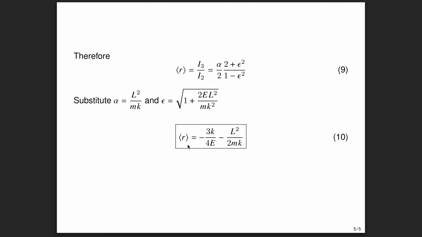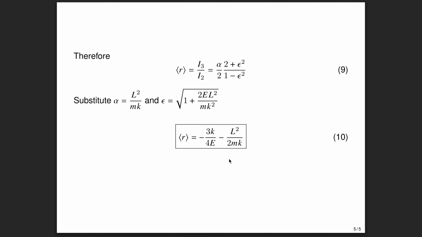One important thing to note is that the energy of the electron is negative, so the first term is essentially a positive quantity here. So this equation number 10 is basically a positive number.